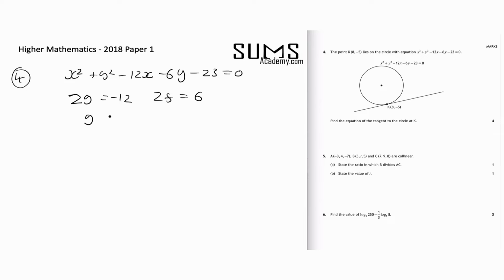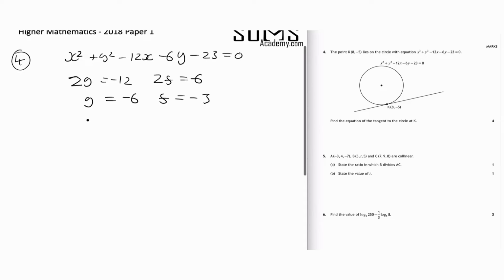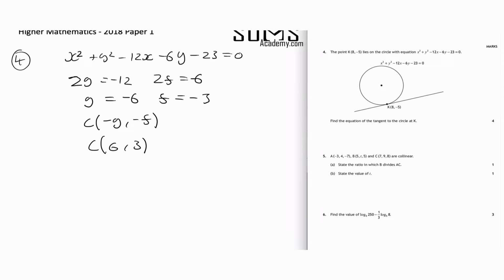So g is just going to equal minus 6, and f is just going to equal minus 3. Okay, and our center is just going to be minus g, minus f. So our center is equal to 6, 3. So we'll write that in over here.